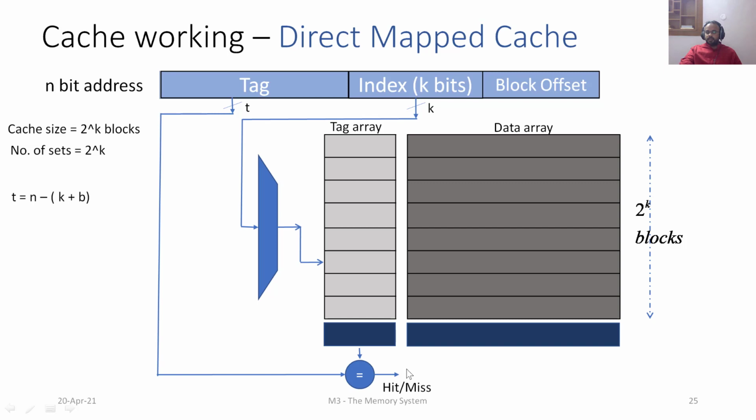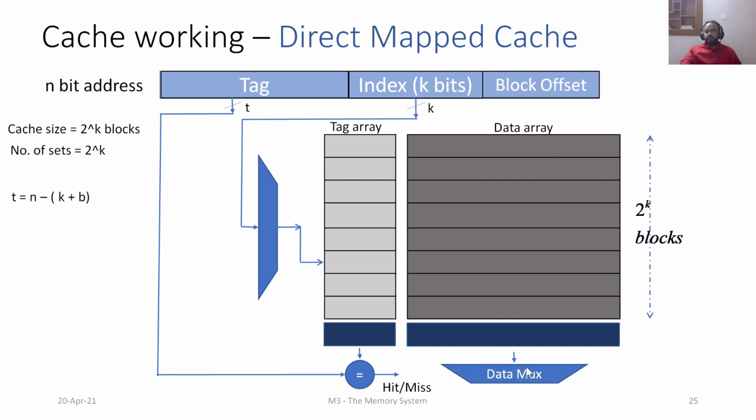So this particular output of hit or miss is also used to select the data. So all the bits of the block are available. For example, let's say the processor is requesting for only 4 bytes, but the block size is 64 bytes. Now, which 4 bytes among these 64 bytes should we send back to the processor is determined by the block offset.